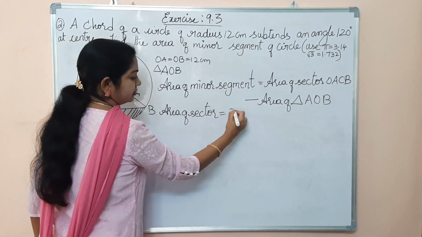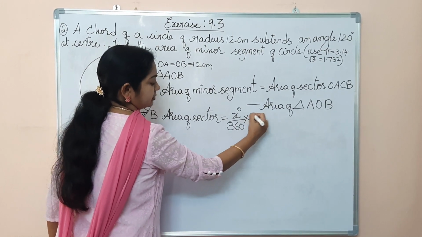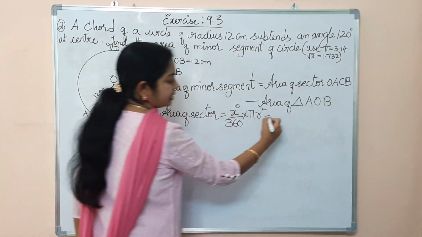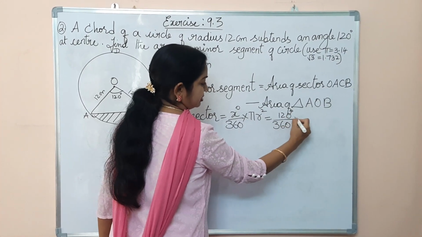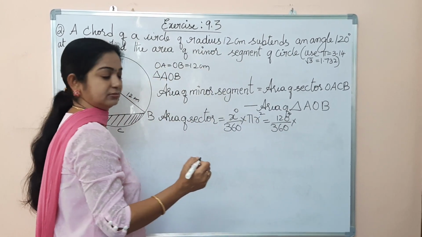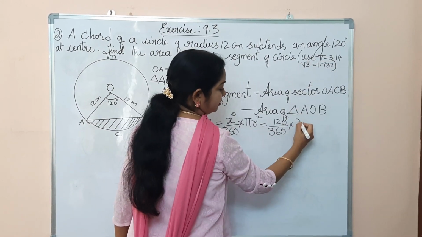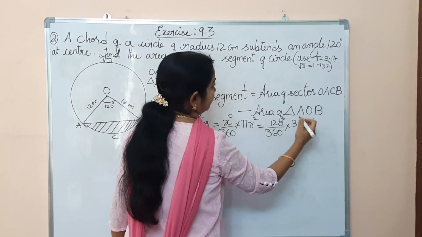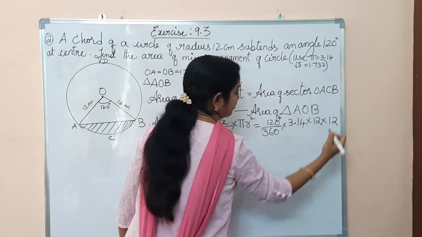We know the formula. Area is x degrees by 360 into pi r square. Here the angle subtended is given as 120 degrees, by 360 into, shall I take 22 by 7? No, because given use pi value as 3.14. So we have to use 3.14 and where r is 12 centimeters, r square.